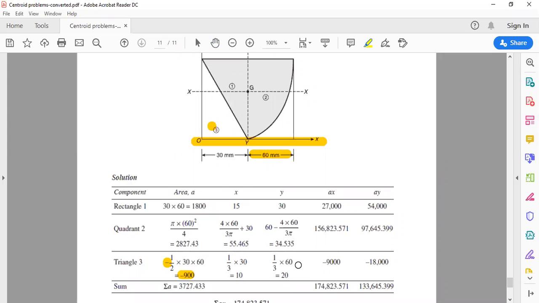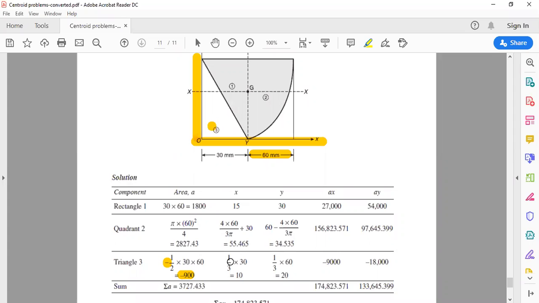Next, I should calculate the individual x bar and y bar for the right angle triangle. So x bar, I am going to calculate from the reference y-axis, the distance between the reference y-axis and the individual CG. Since I am measuring the distance from the base of the right angle triangle, it is 1/3 of 30.